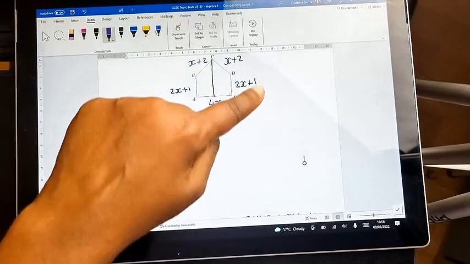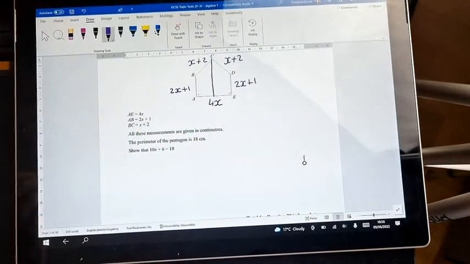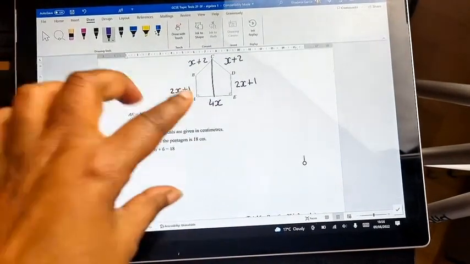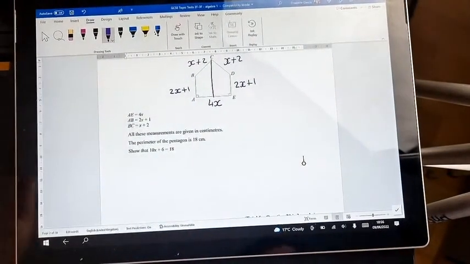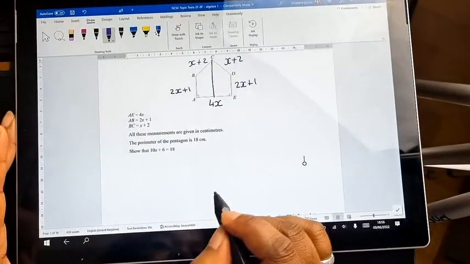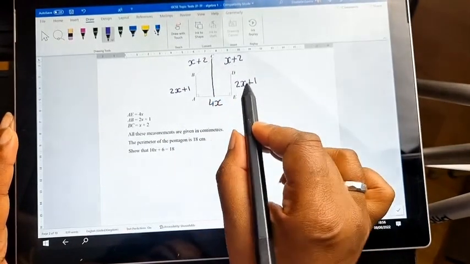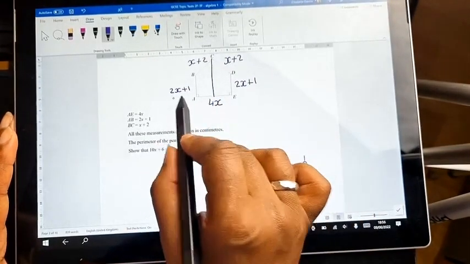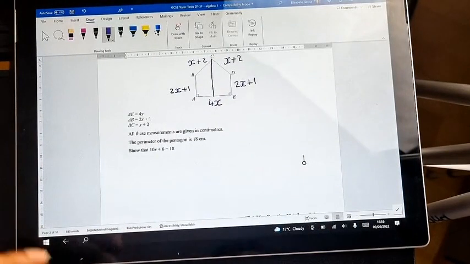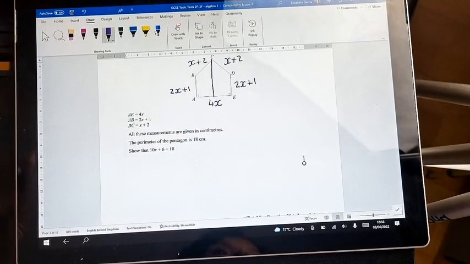Perimeter means adding all the sides. So I would think straight away, we have 2 lots of them anyway, so we can start thinking about adding them all together. So x plus 2x plus 2x plus 4x. You can add them all, or you can add them in stages and then use the calculator to add them together.